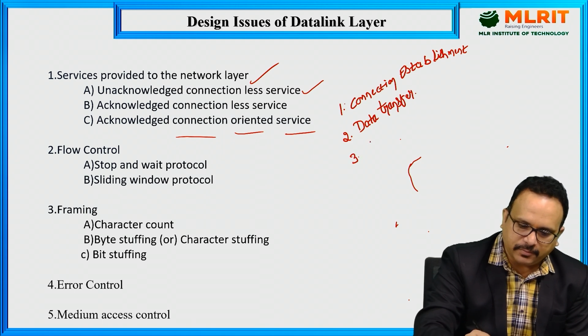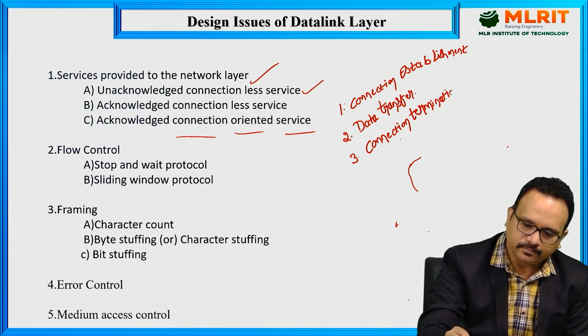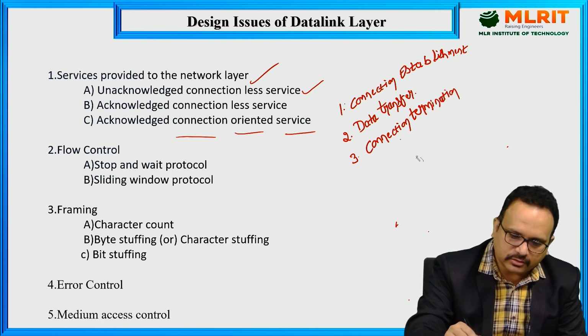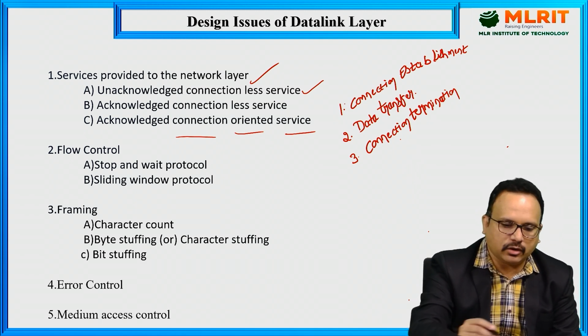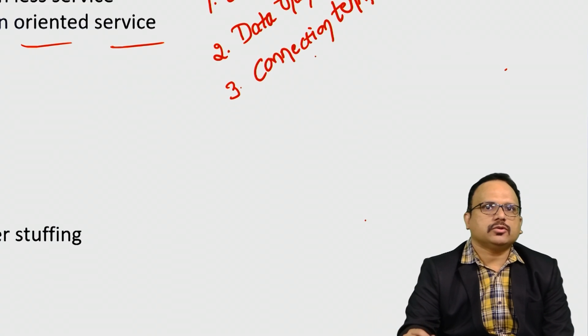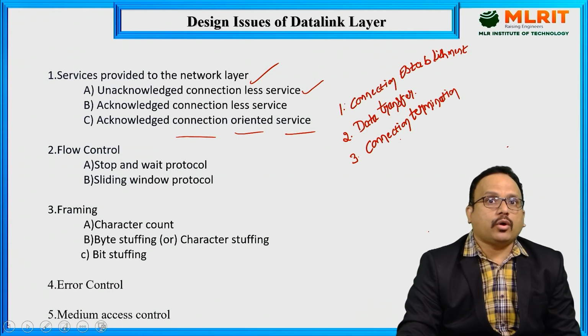And the third step is connection termination. So these are the three steps that happen in the connection oriented service, which are not required in the connectionless service. So that is acknowledged connection oriented.